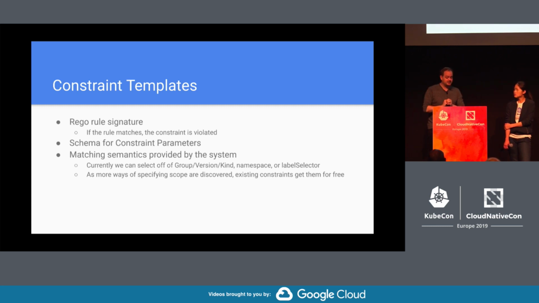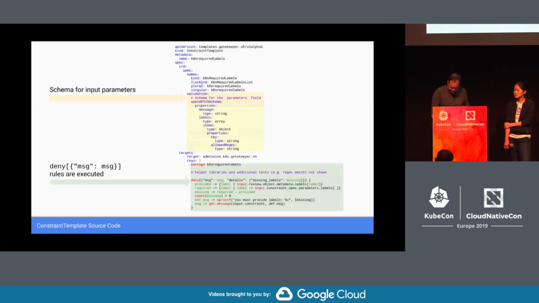One thing that we don't need to provide, thanks to how everything is wired together, are the matching semantics. So as Kubernetes evolves, as new ways of selecting resources come into being, we don't need to go back and update our validation. We just get that extra scope for free.